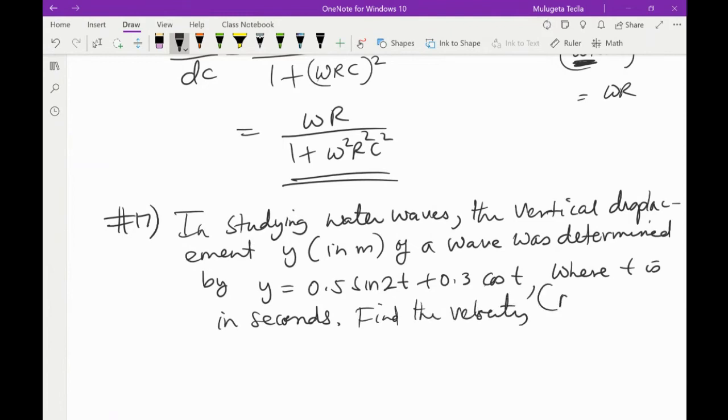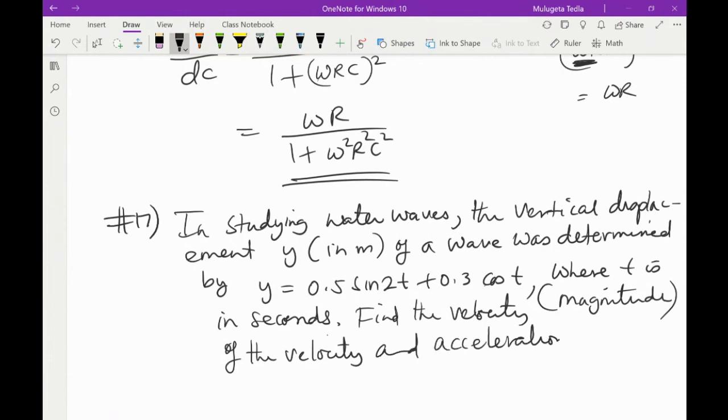The magnitude, of course, because we know it's going up and down, of the velocity and acceleration for t equal to 0.4 seconds.